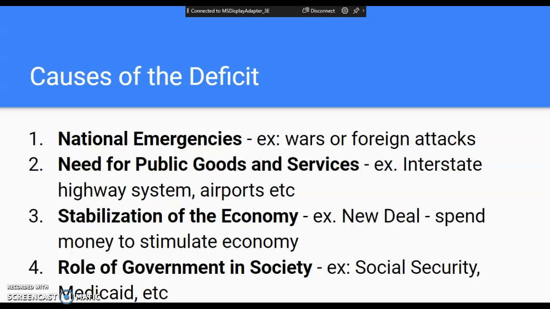So, for example, when we were in the Great Depression, FDR introduced the New Deal, which was spending money to stimulate the economy. And finally, the fourth one is the role of government in society. And we've seen a lot of this expand since the New Deal, where the government provides more safety nets for people, things like Social Security, Medicaid, Medicare, and other programs that would benefit people.